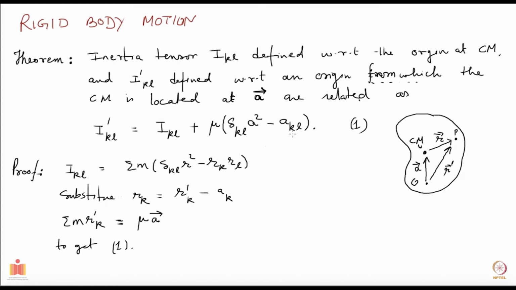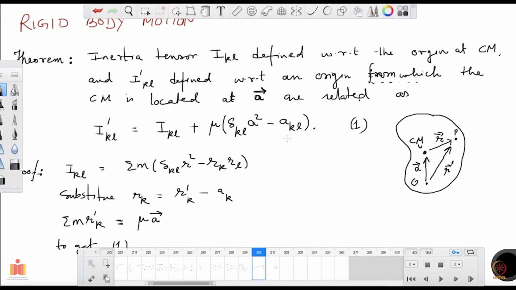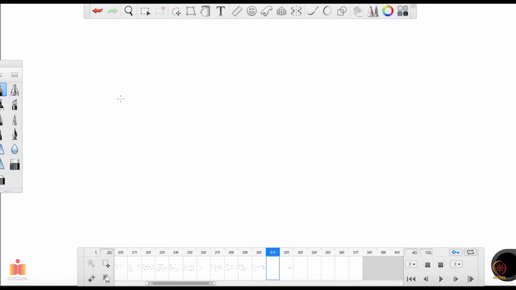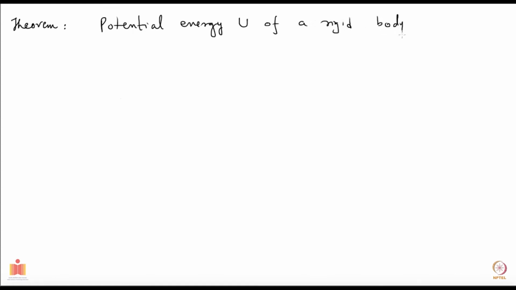Now let me add one more page. Okay. Now I want to prove another theorem, which is trivial. Okay, it says that the potential energy U of a rigid body in a constant gravitational field is same as if it were located at its center of mass.